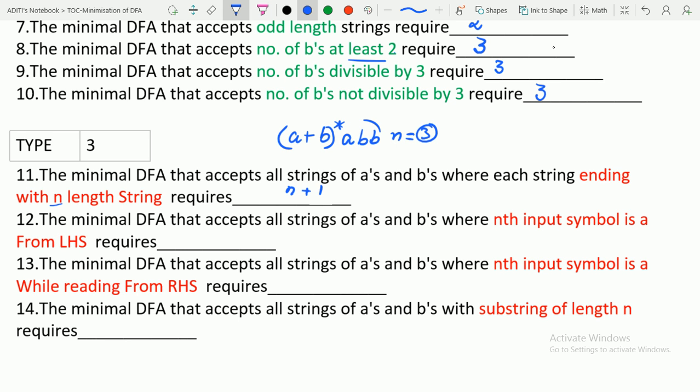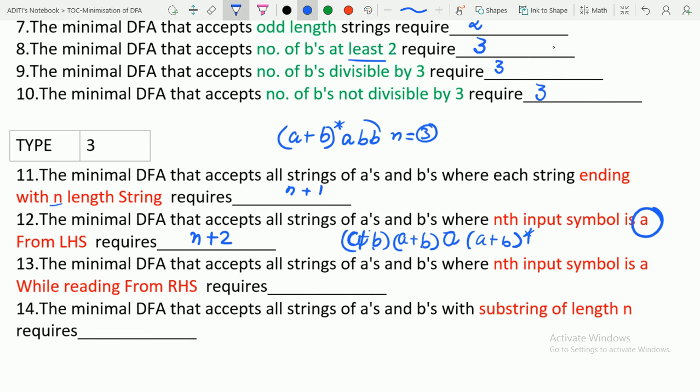Okay, the minimum DFA that accepts all strings of A's and B's where the nth input is A from the LHS will require n plus 2 states. Suppose we have something like A or B, A plus B. The nth input symbol is, suppose, the third input symbol is A from the LHS.